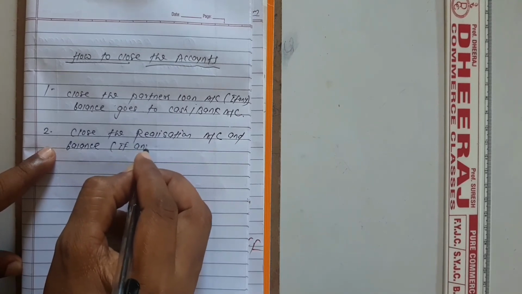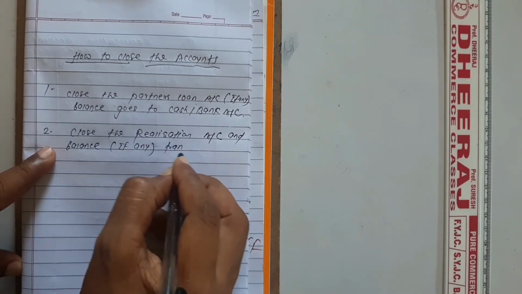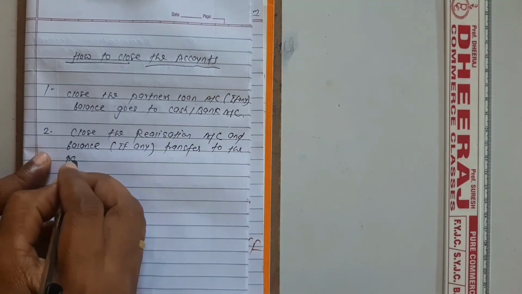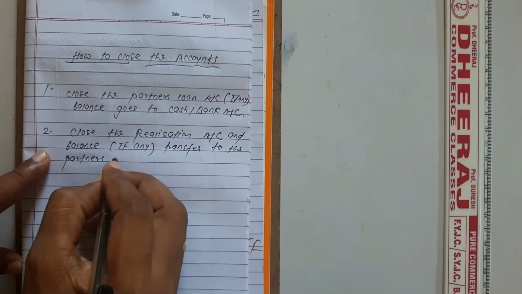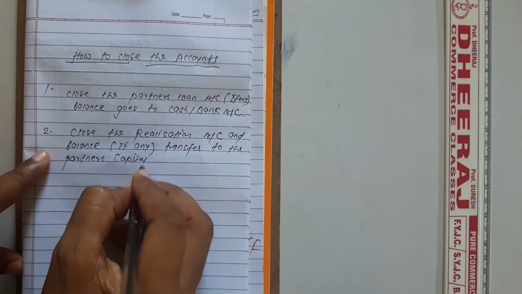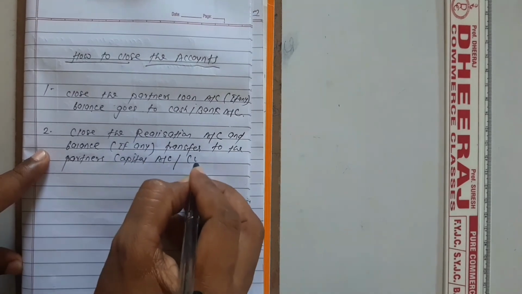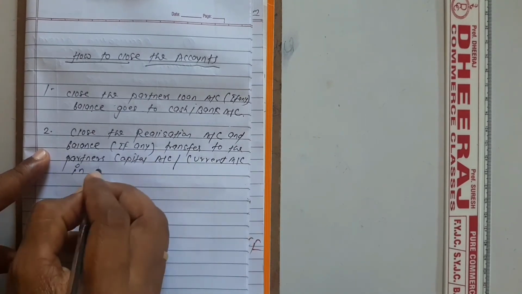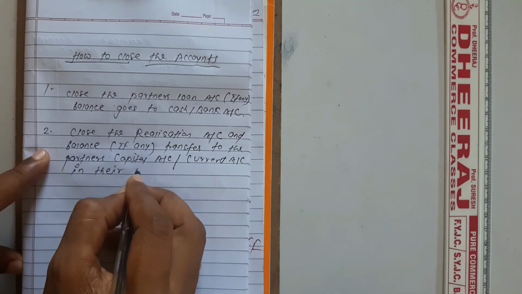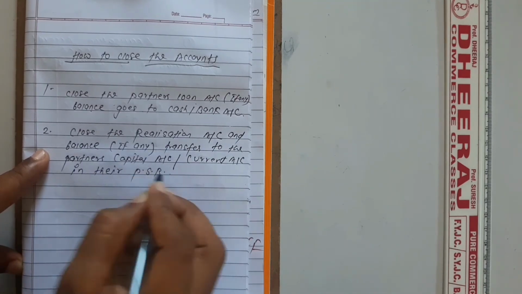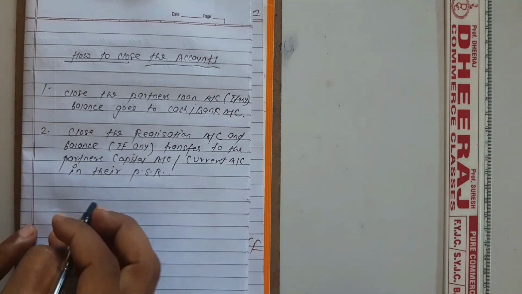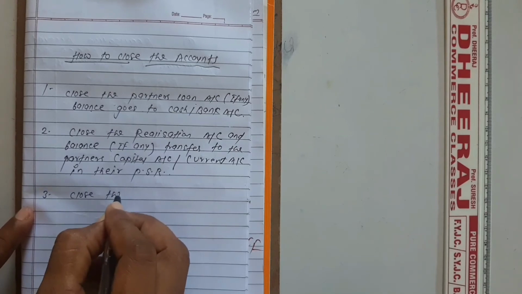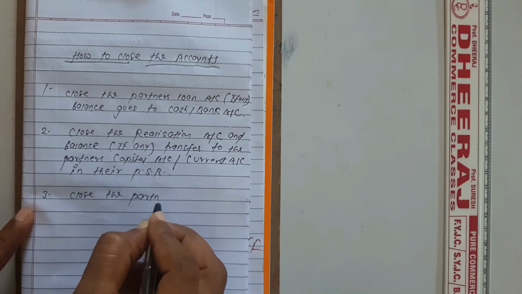Close the realization account and the balance if any is transferred to the partners capital account or partners current account in their profit sharing ratio. Okay, so this was the second step. Now the third one, close the partners account.